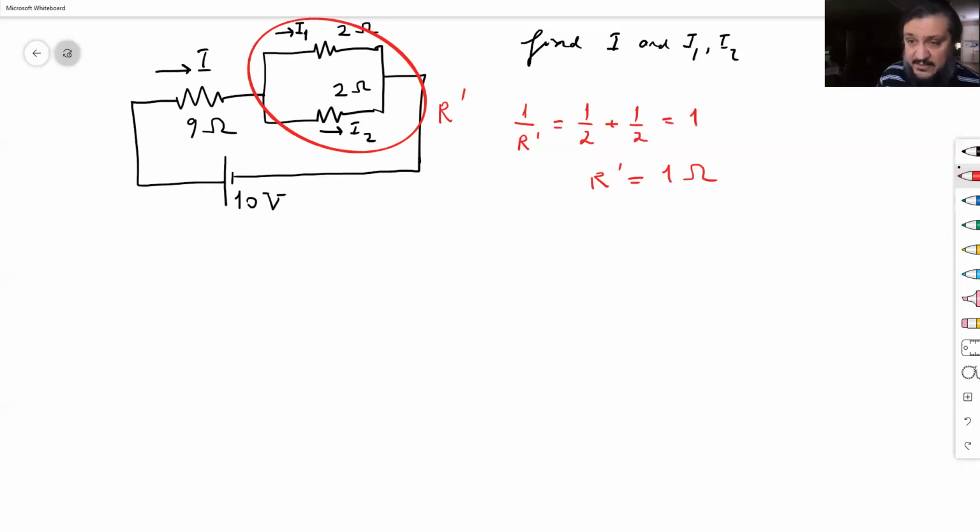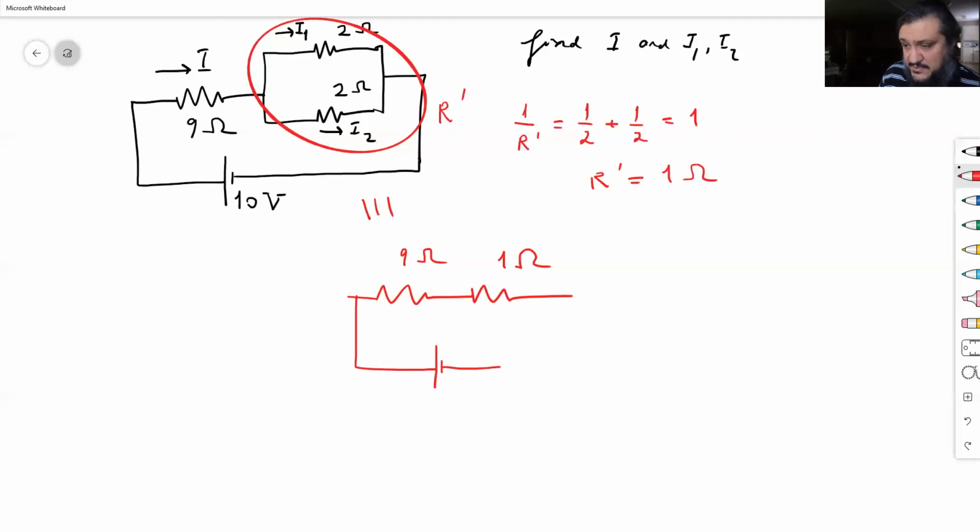So this is equivalent to a 9 ohm resistor and this R prime, which is 1 ohm. Same circuit, I only have 2 resistors. What do I do when I have 2 resistors in series? I add them. So 9 plus 1, 10 ohms.